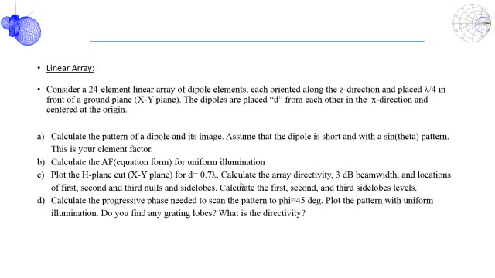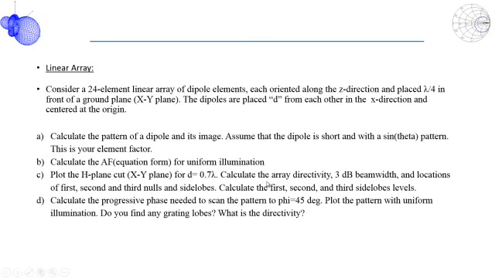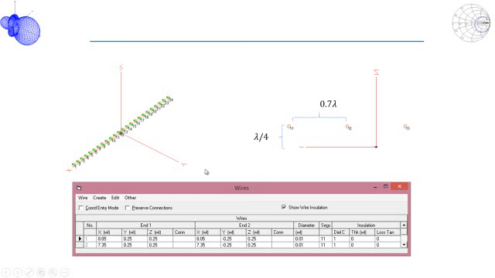So let me describe a little more about this. Here is the model that I'm describing. You've got 24 elements. The distance between the elements is gonna be 0.7 lambda, and the height of the 24 dipoles above the ground plane is lambda over 4.